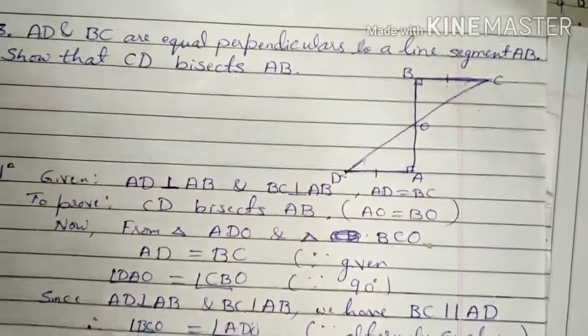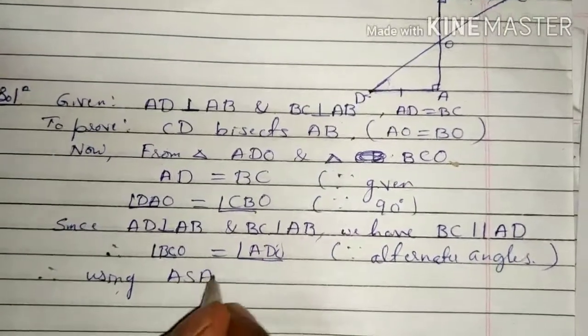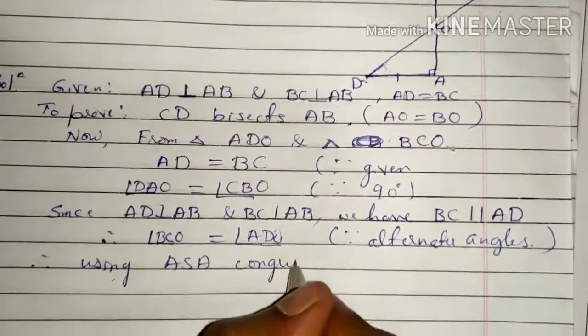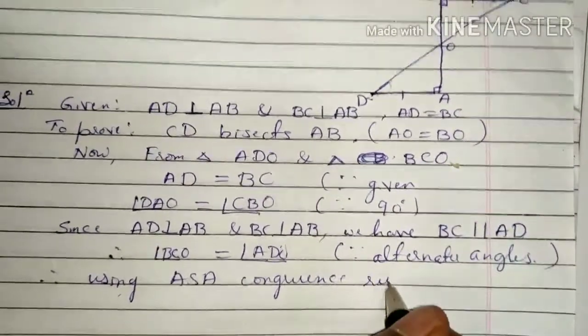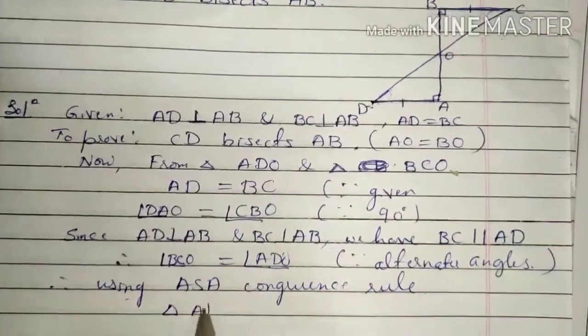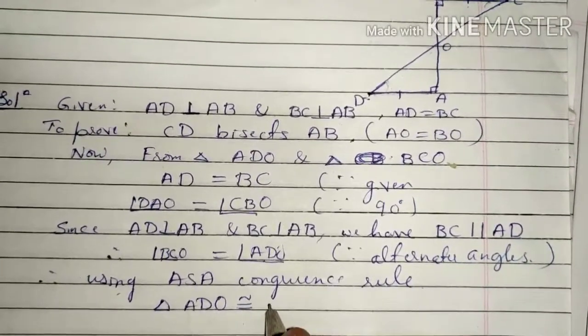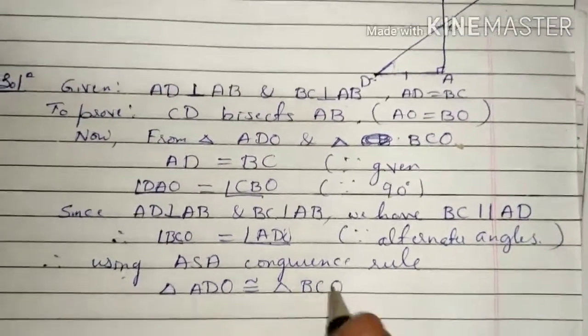Okay, so therefore using ASA congruence rule, what we can say that triangle ADO congruent to triangle BCO.